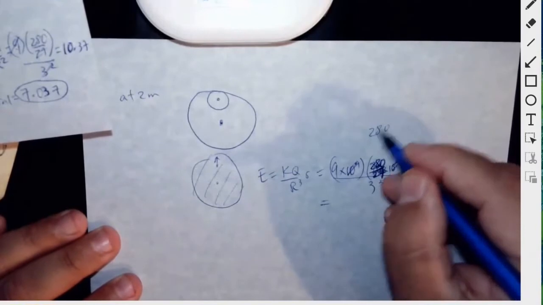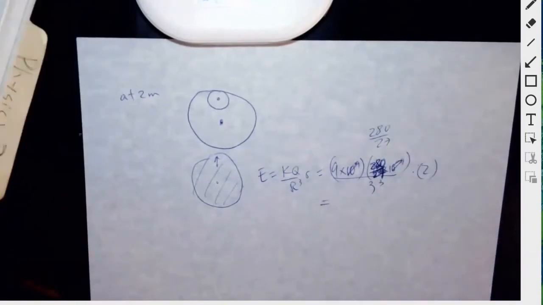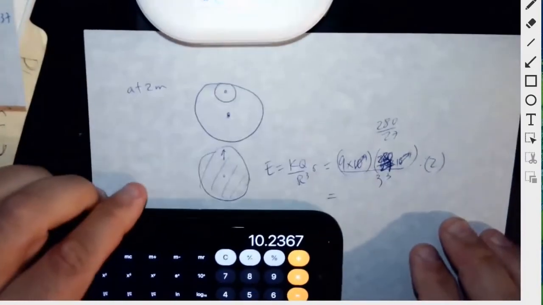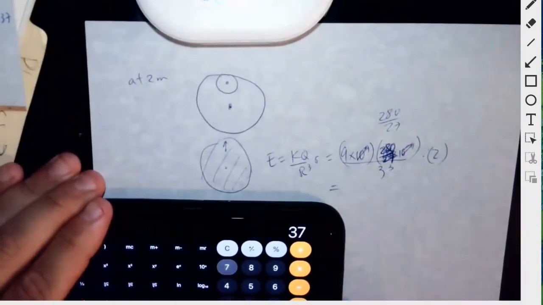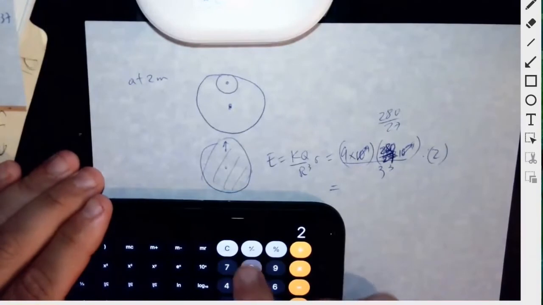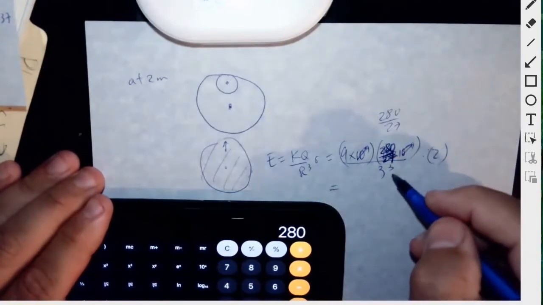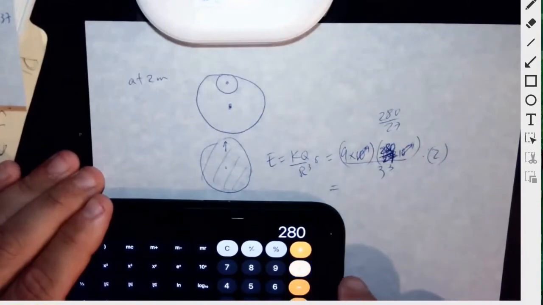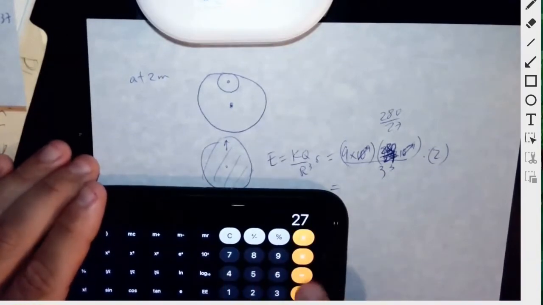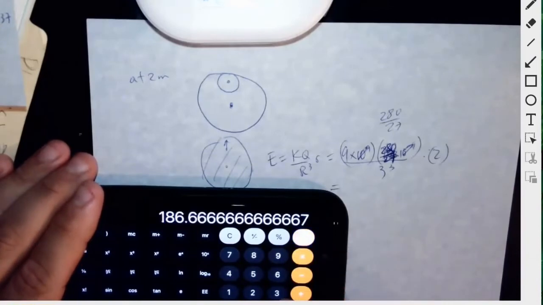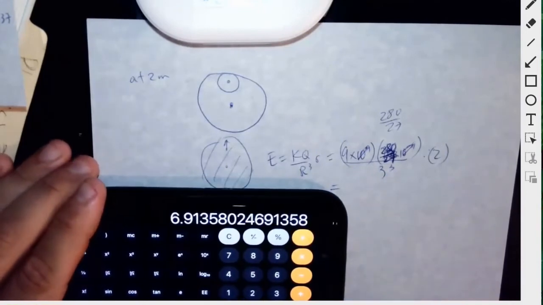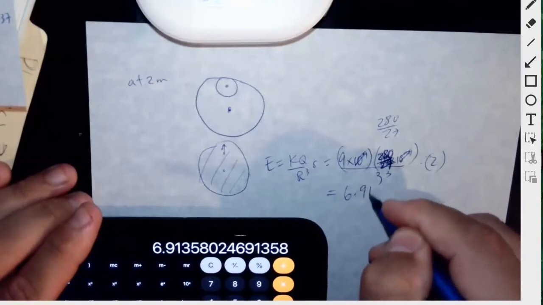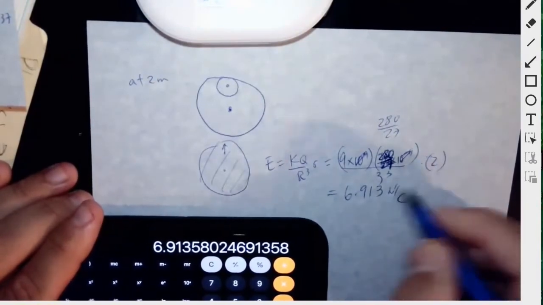So I'm using the 280 over 27. 280 times 9 times 2 divided by 27, divided by another 27, 3 cubed. 6.913 newtons per Coulomb.